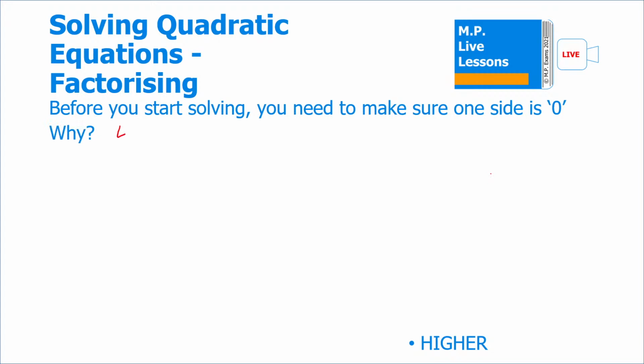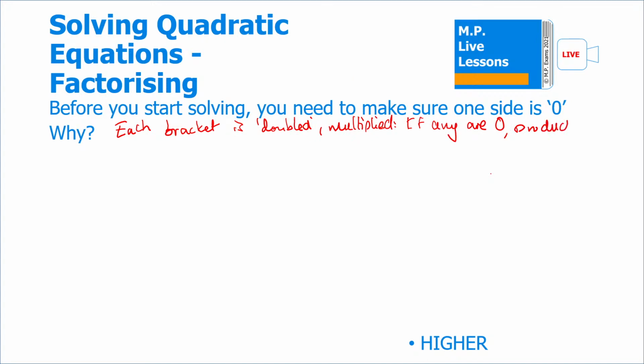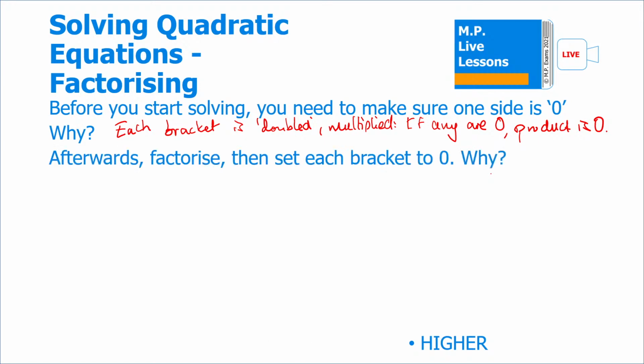Because each bracket is multiplied, and if any are 0, the product is 0. So afterwards, you'll have to factorize and then set each bracket to 0.